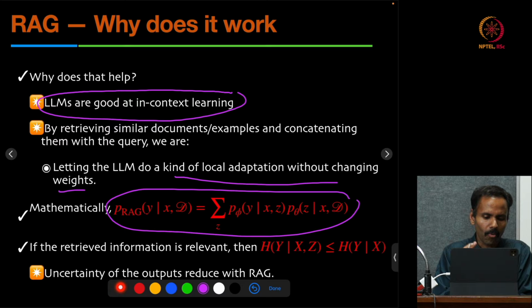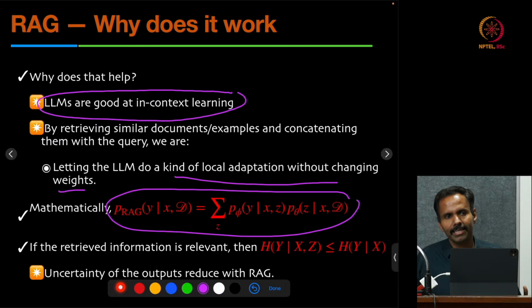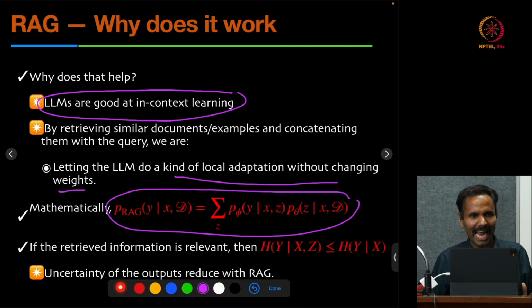Now, if you think of P(y | x, z) and compare it with P(y | x), one can define what is called an entropy, or an uncertainty, of such distributions with additional conditioning. The property of the entropy is that conditioning only reduces the uncertainty, right? The uncertainty of y given x and z is less than or equal to the uncertainty of y given x.